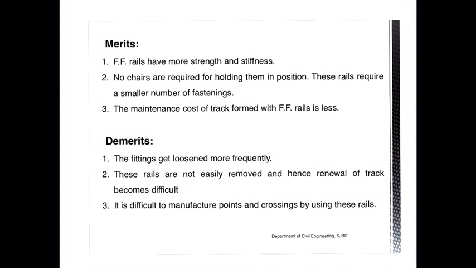The demerit is that the fittings used to connect the bearing plates with the sleepers get loosened more frequently and cannot be easily removed, hence the renewal of a track is more difficult, and it is also very difficult to manufacture points and crossings using these rails.